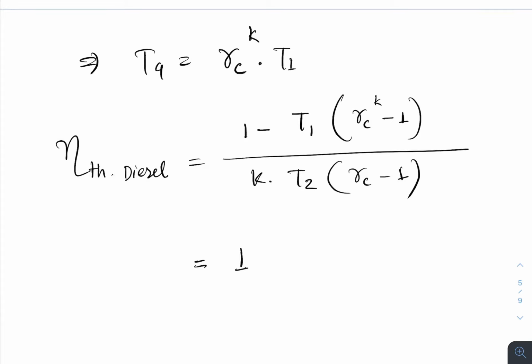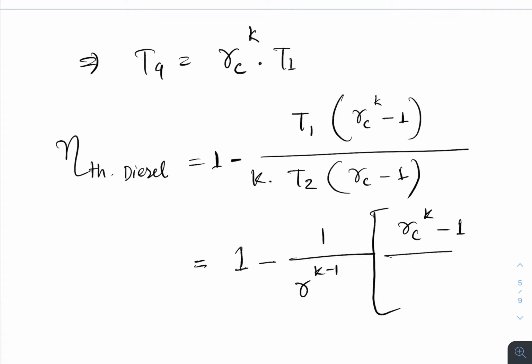Actually, I made a mistake here. So it will be 1 minus 1 over R to the power K minus 1 times RC to the power K minus 1 divided by K times RC minus 1.